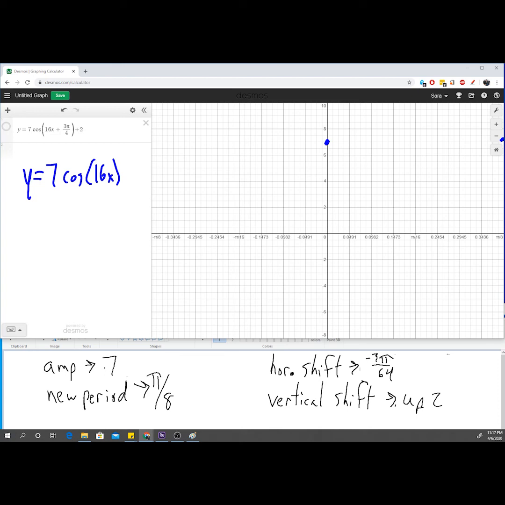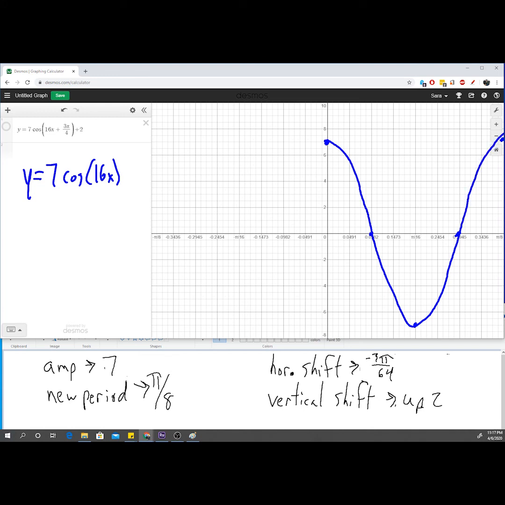And then let's see, if I divide this up into 4 pieces, looks to me like I'm going to have here down to negative 7, and then a 0, and then up. There's some wonderful symmetries here that you can use to your advantage.